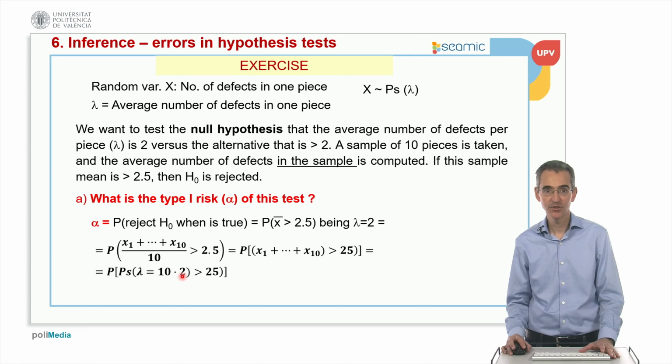So we sum 2 plus 2 plus 2, 10 times, which implies a lambda of 20. So this is the probability that a Poisson distribution with lambda 20 is bigger than 25. We can take the complementary so that we can use the abacus of Poisson. We cut the curve at 25, and using the abacus, the solution is approximately 11%.